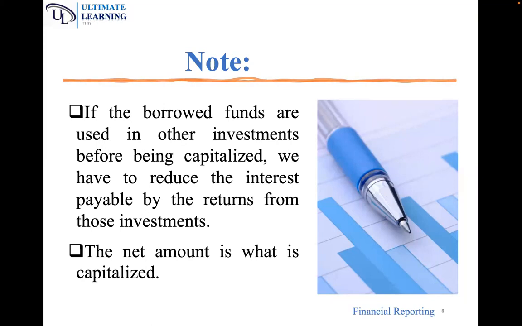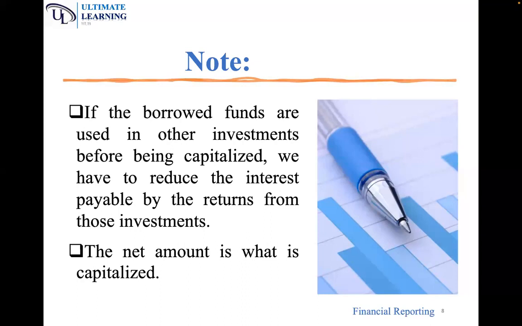So in short, in summary, what have we looked at? Number one, we have looked at examples of borrowing costs: interest on loans, be it short-term or long-term, be it long-term loans or be it overdrafts. Number two, we also said maybe finance charges on finance leases. We talked of exchange differences if borrowing is in foreign currency, etc. And then we have looked at how should we recognize borrowing costs.